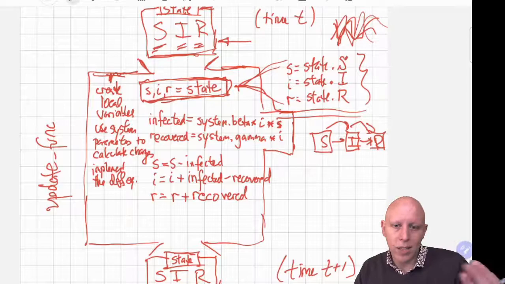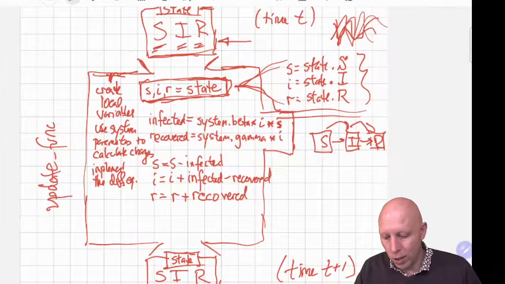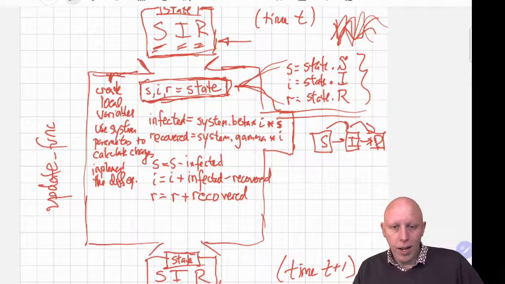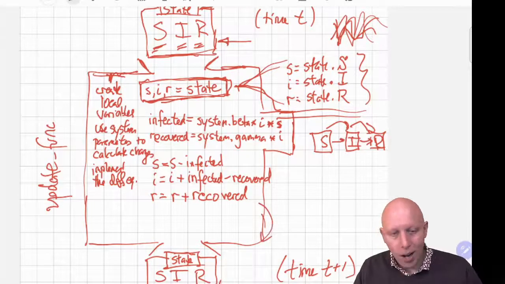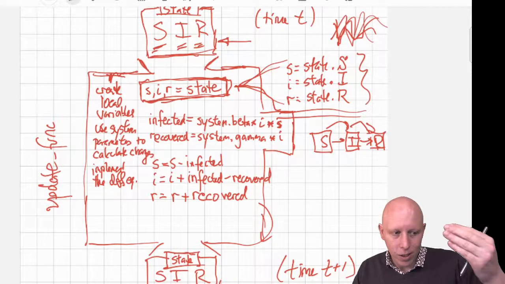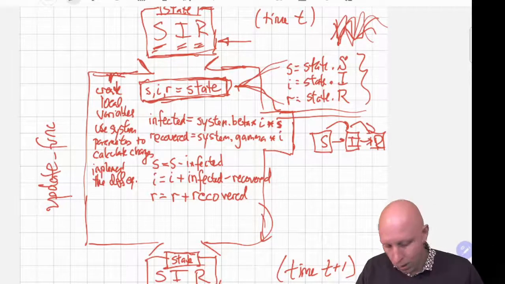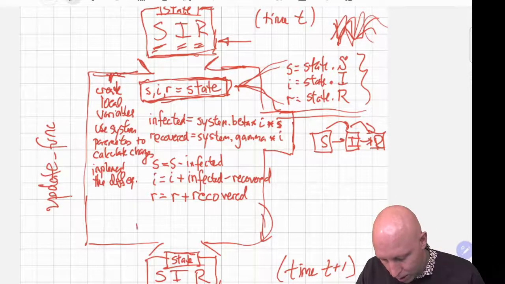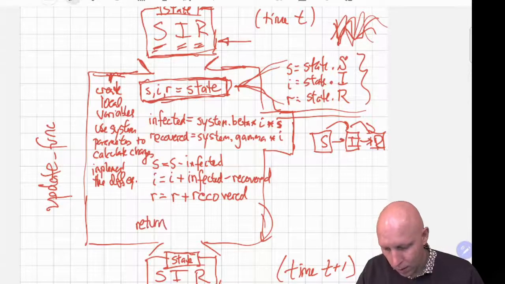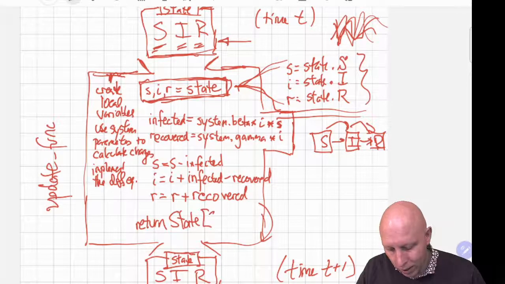All right, and so this is now implementing that differential equation. And now we need to give this information outside so that we now can simulate from time t to time t plus 1. So we're going to now return a new state object that has this new information.